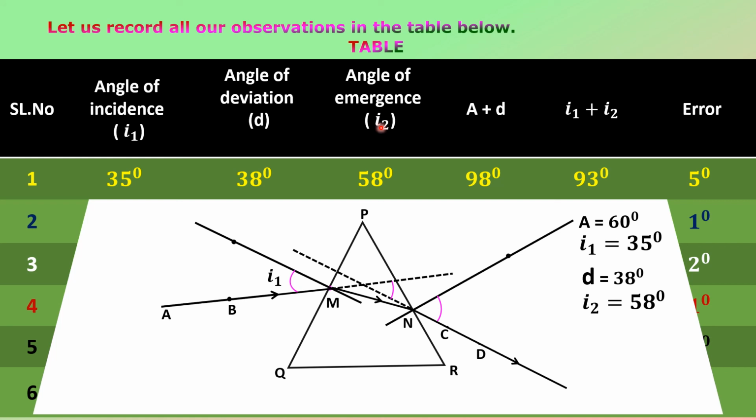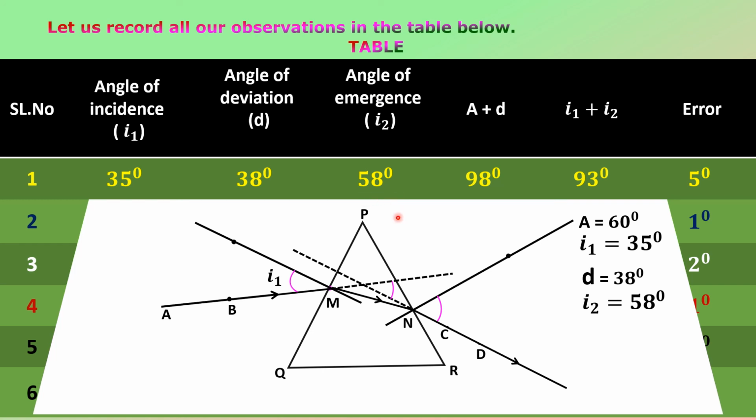In this case, the angle of prism is fixed here. This angle of prism A is constant for this prism. Okay. So in this case, I have taken the angle of incidence I1 as 35 degrees, and we got the angle of deviation as 38 degrees, angle of emergence as 58 degrees.